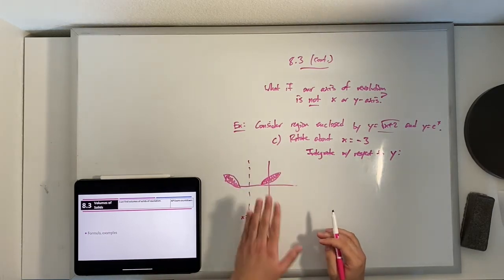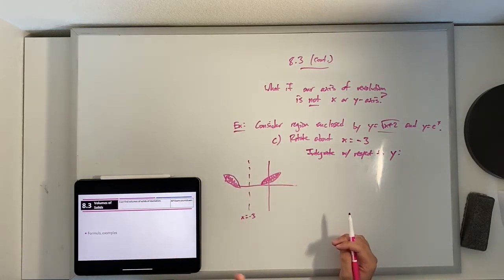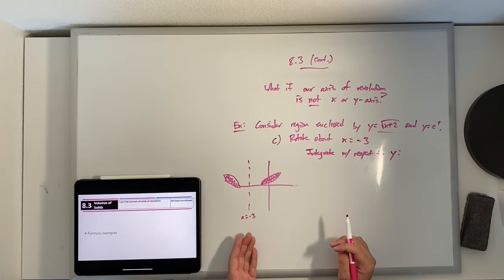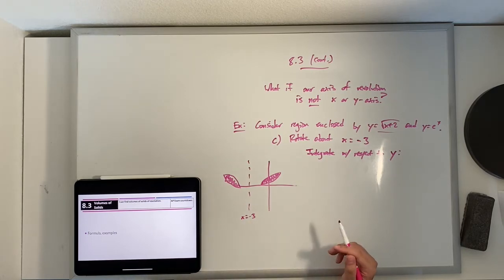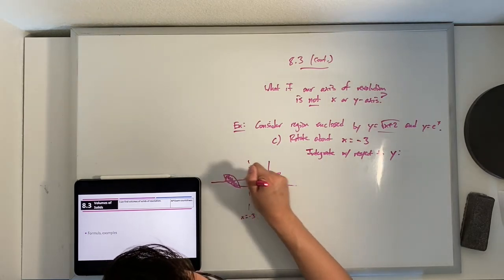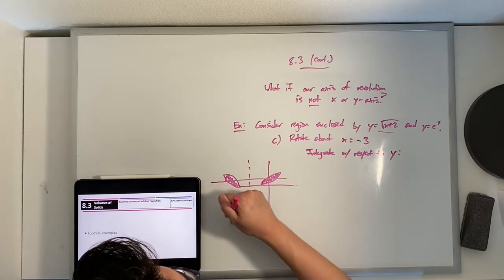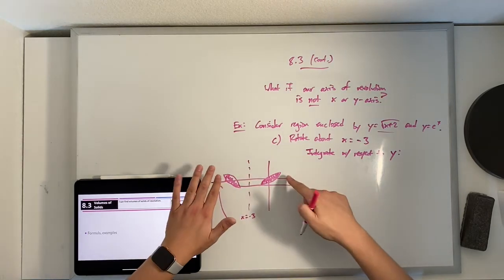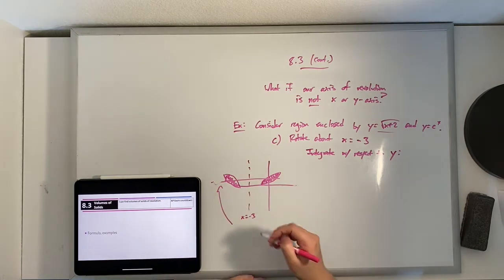So just like when we were rotating around the y-axis, we integrated with respect to y. Whenever we rotate about a vertical line, we're going to integrate with respect to y as well. So imagine taking a horizontal cross-section. So slicing into this, cutting that out.